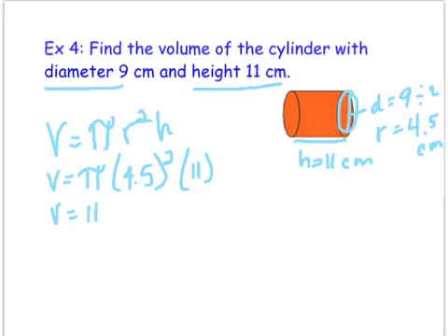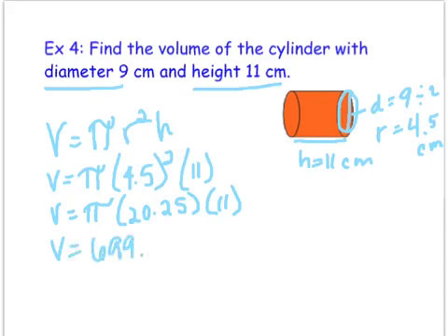Volume equals pi, 4.5 squared is 20.25 times 11. Now I can multiply straight across. When I do that, I get volume equals 699.8 centimeters cubed.